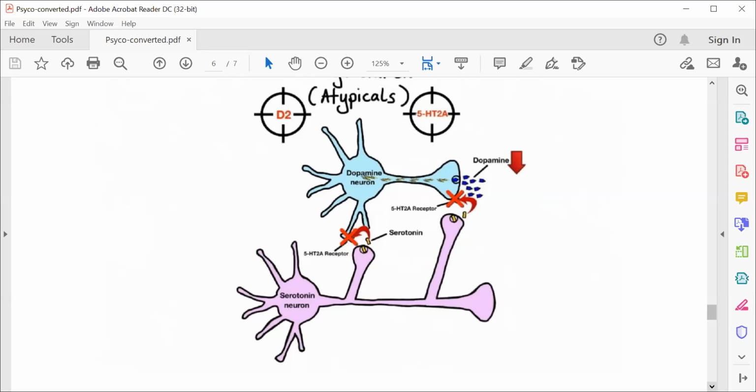Maybe they do not improve it, but on the other hand, they do not worsen it, unlike the first generation. Yes, what did I say? I said better control, not full control. So to make this sentence more precise, it improves the negative symptoms to some extent, but not fully. Yes. Okay?